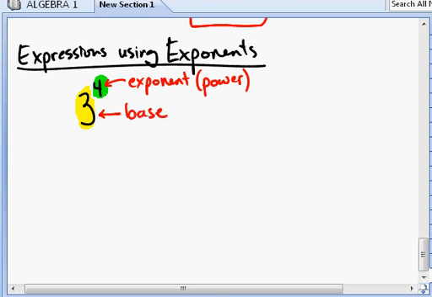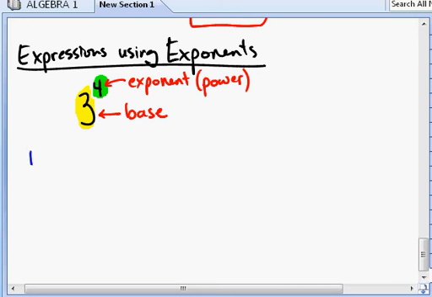Okay, so when you see a big number and a little tiny number up above it, that's a power question or exponent question. The big number is the base, and the little number is the exponent. Okay? What does that mean?